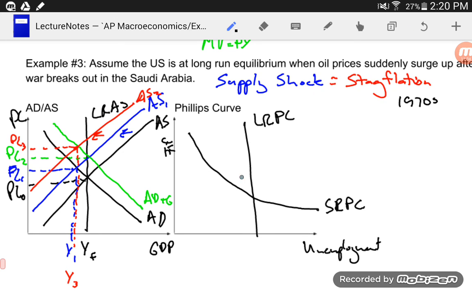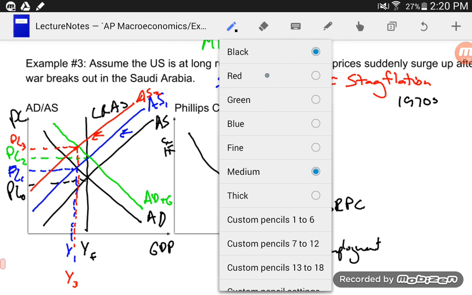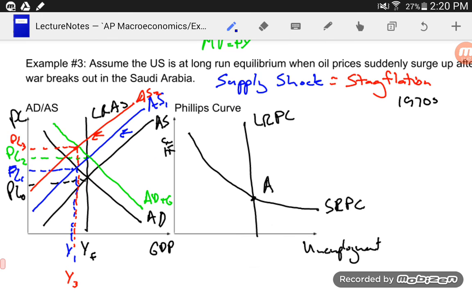Whatever. So we started off at point A here, right? We were in long-run equilibrium. And what happened? Well, what happened was we went to a point that had higher unemployment and higher inflation.